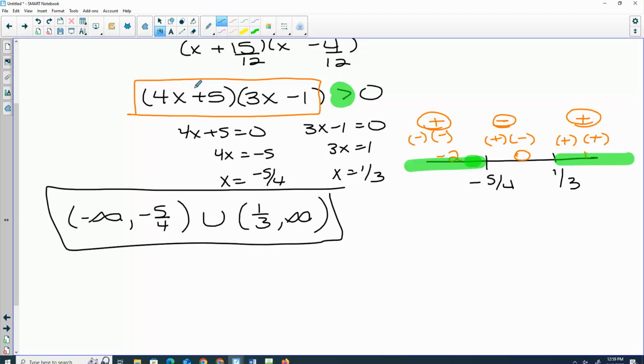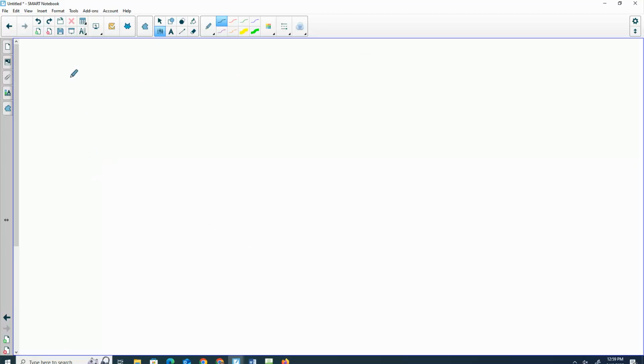Let's talk about 22. Okay. With these rational ones, if it were an equation, if this were just equal to negative 4, what would we do first? Multiply the 2x plus 1 over and get rid of the fraction.